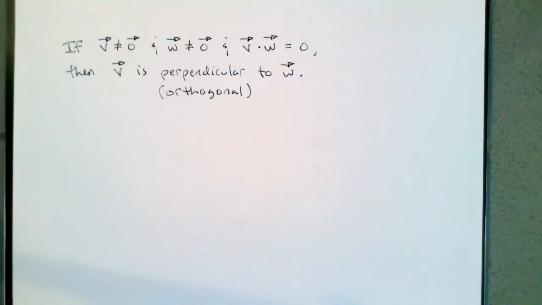So if v and w are non-zero vectors, then their magnitudes will not be 0. So if the dot product is equal to 0, that means it's the cosine of theta that must be 0. Because if a product is equal to 0, then one of the factors has to be 0. If the first two factors are not 0, then it's the third factor that must be 0.